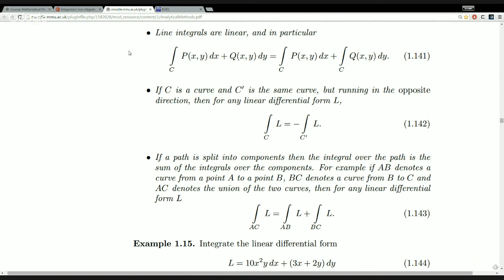So in this next equation 1.42, C prime refers to the same curve C, but traversed in the opposite direction, starting at the end point of C and finishing at the beginning point of C. That's the curve C prime. It's just the curve C in reverse. And integrating the same linear differential form over C and C prime, they're simply the negative of each other. So integrating over C is the same as minus integrating over C prime.